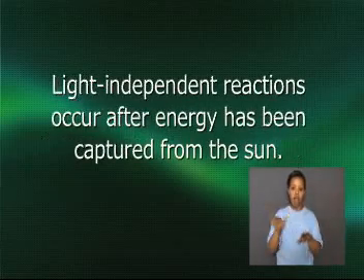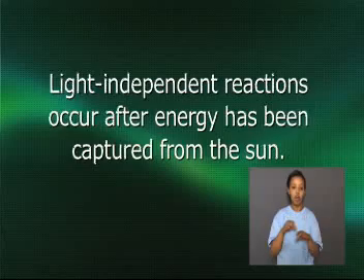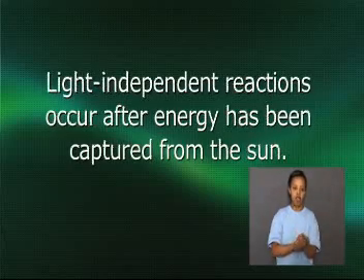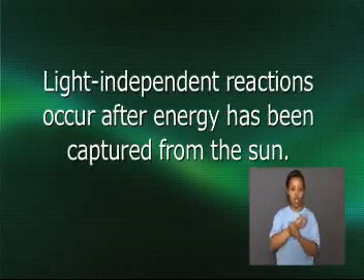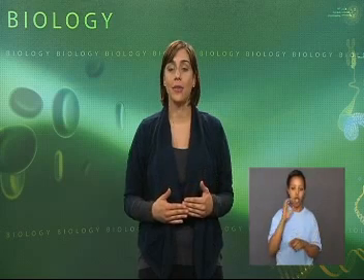Light-independent reaction takes place after energy has been captured from the sun. During light-independent reactions, carbon dioxide and other compounds are converted into glucose. The reactions that began in the light-dependent reactions continue in the conversion of glucose.